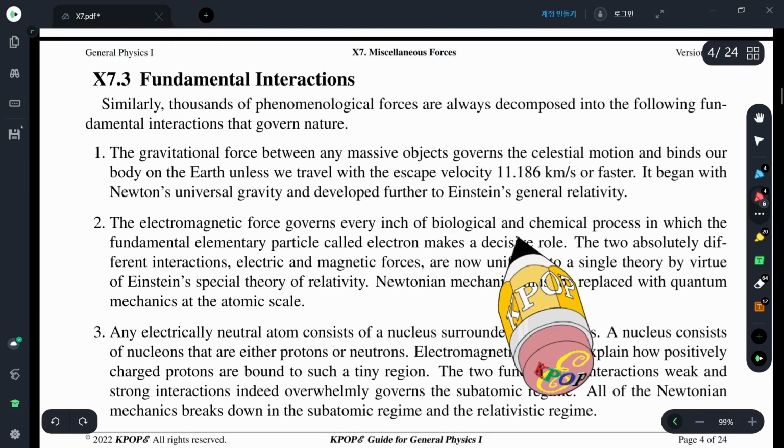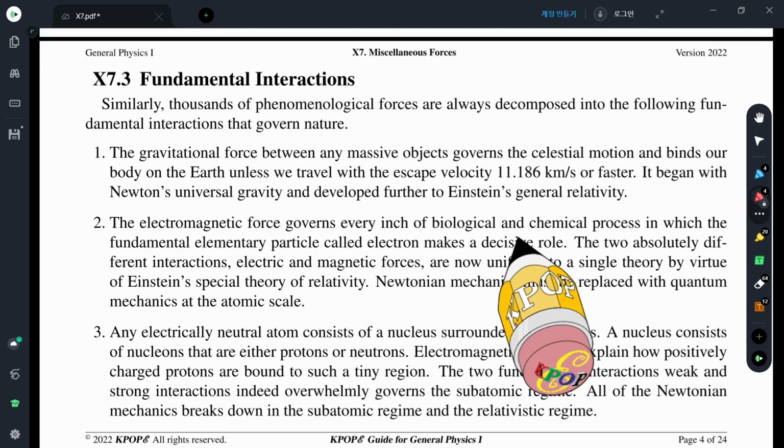All of the miscellaneous forces can be decomposed into fundamental forces. And usually what we study is mostly either gravitational force or electrostatic force, and sometimes magnetic force.